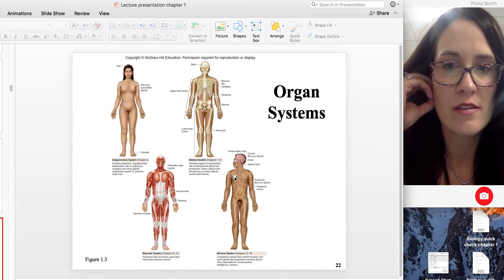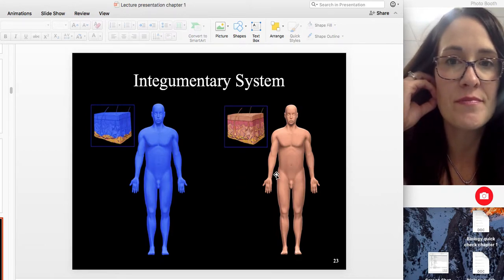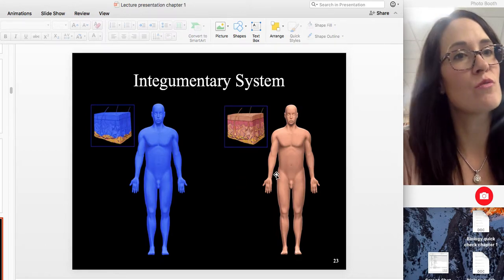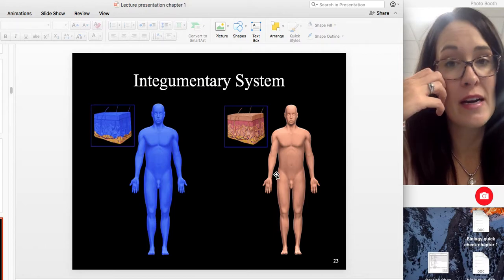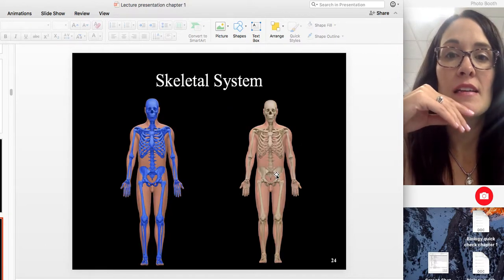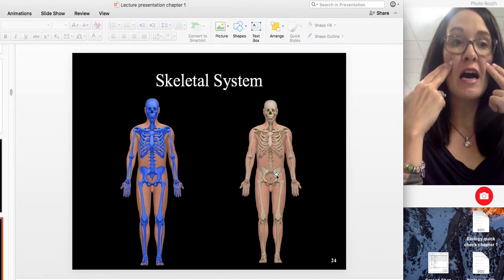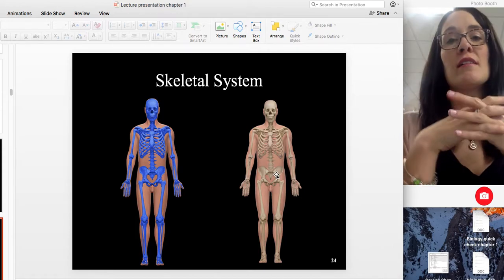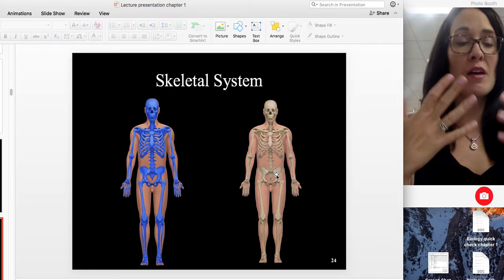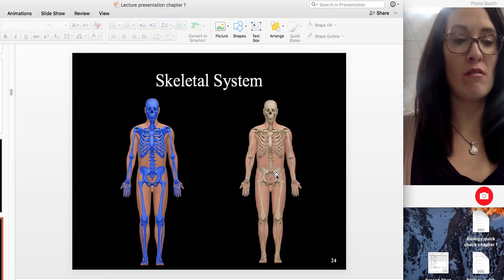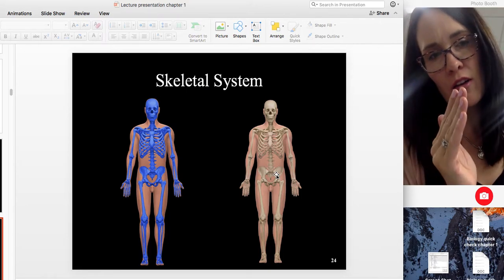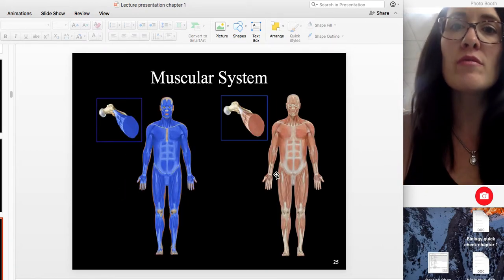We went over that briefly. I introduced you: the skin is protective and also involved with regulating body temperature. Skeletal: a framework, meaning it gives you your frame, like my high cheekbones are because of my skeletal system. You wouldn't be able to stand or move without bones. Also, a large amount of calcium is stored in the bones.